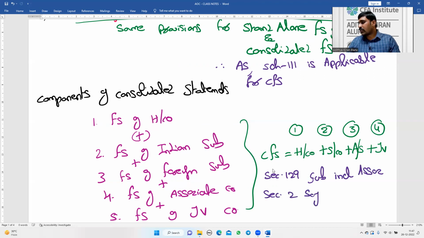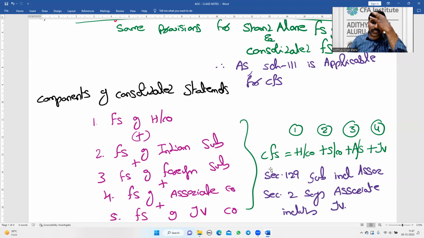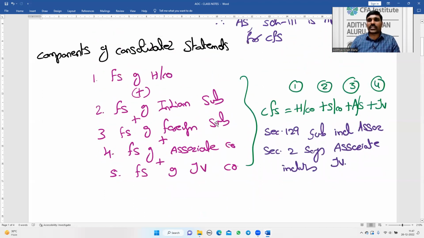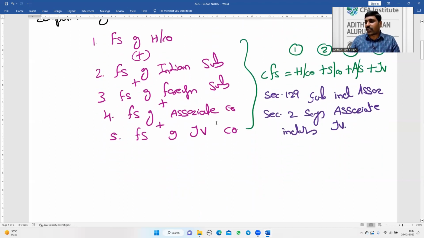Therefore, components of consolidated financial statements shall consist of these financial statements.